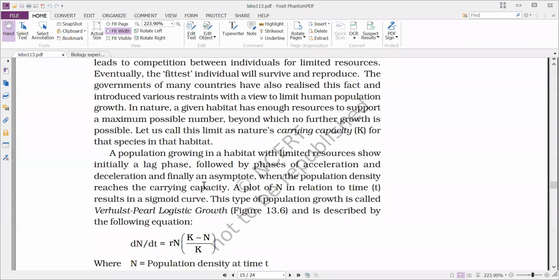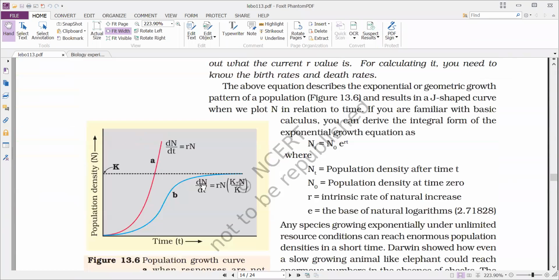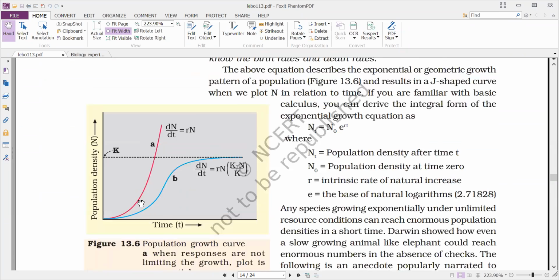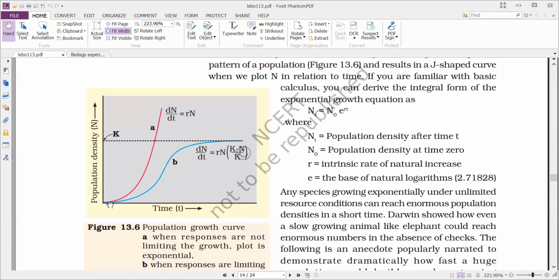When you observe this graph, yesterday we went with one graph, the red color line, which represents the J-shaped exponential growth. But there is another graph given here with blue color.